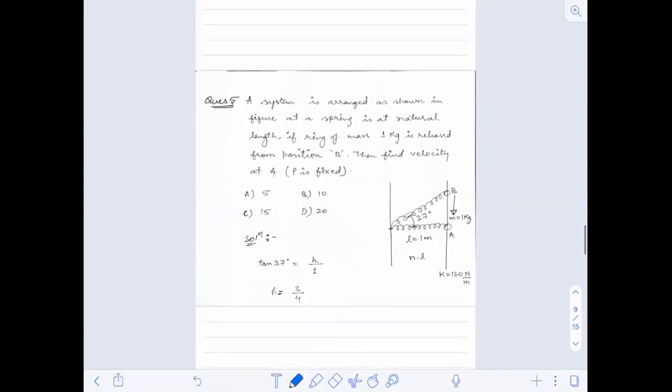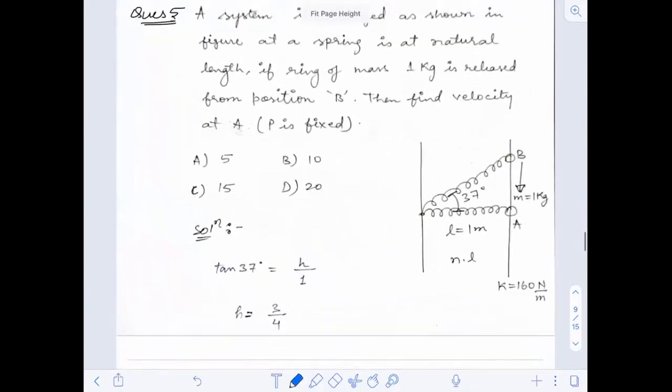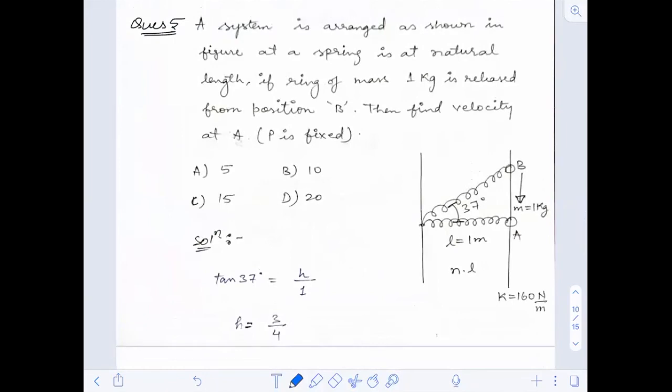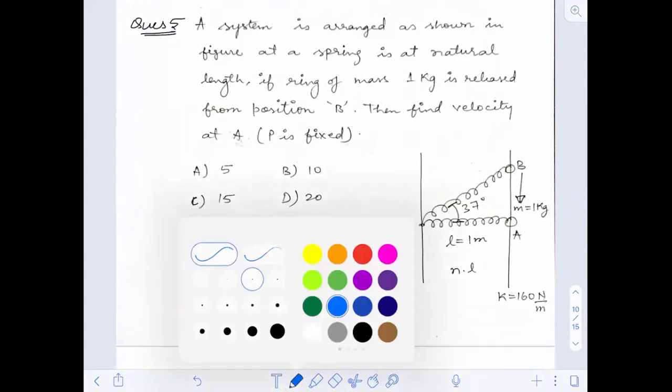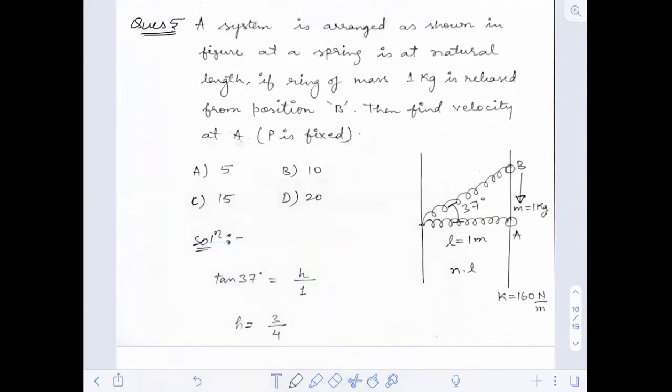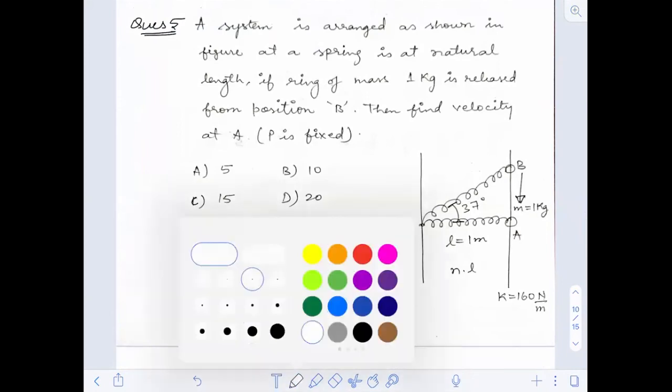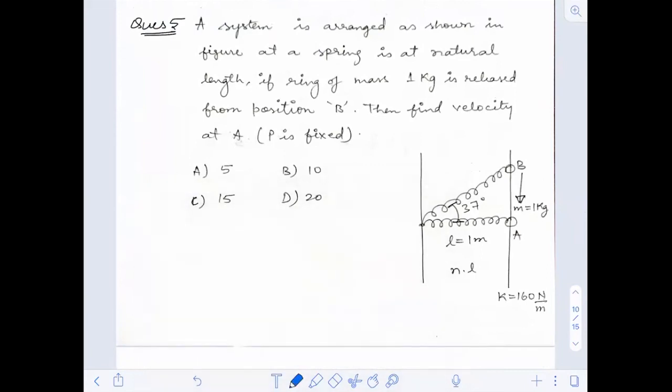Okay, you just see this question here. In this question, it is saying a system is arranged as shown in figure, and a spring is at natural length.